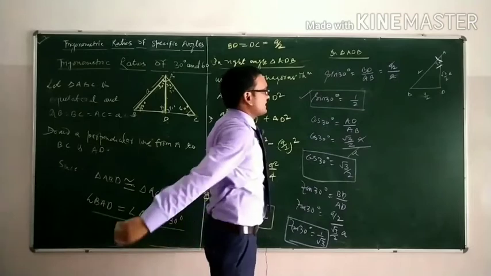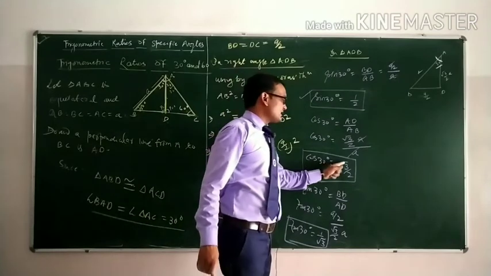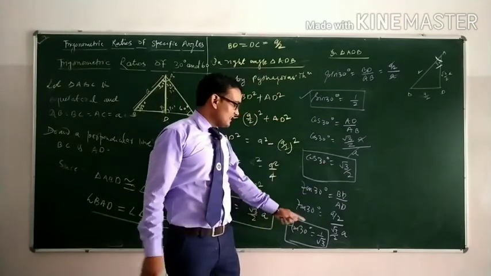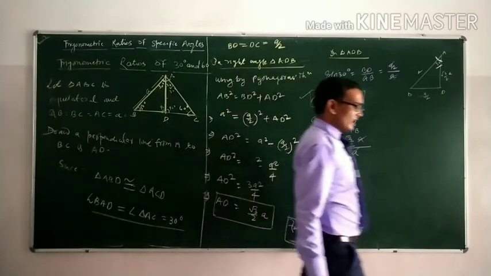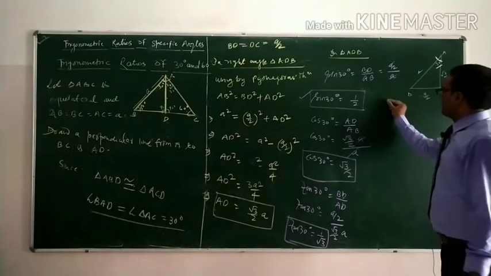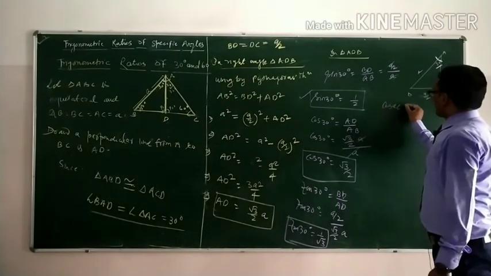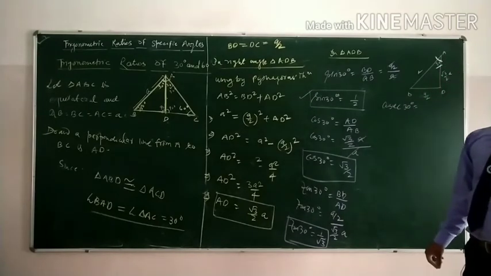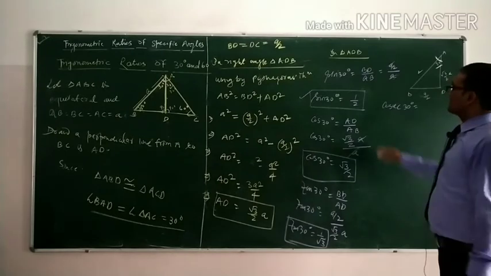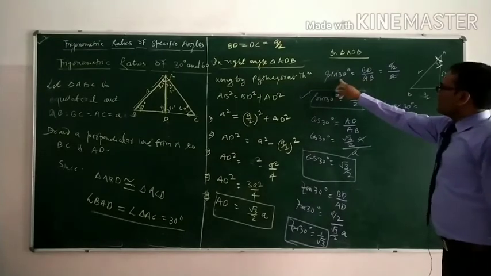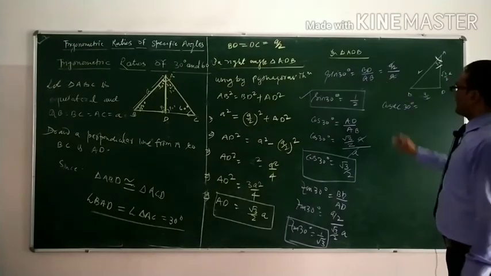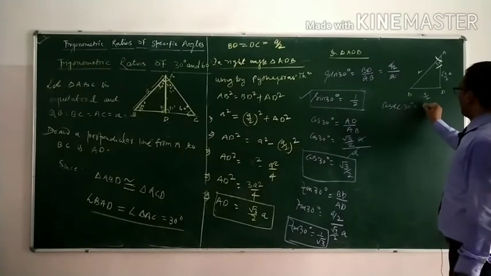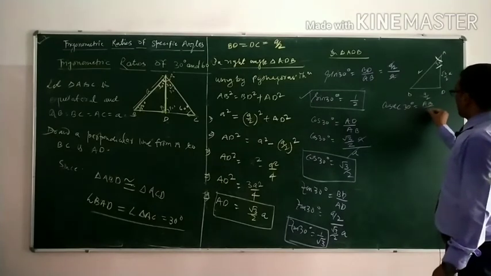Sin 30 is 1 by 2, cos 30 is square root 3 by 2 and tan 30 is 1 by root 3. Again we find the value of cosec 30. Cosec is the reciprocal of the sine. Okay students, here sin 30 is BD upon AB, then cosec 30 is AB upon BD.